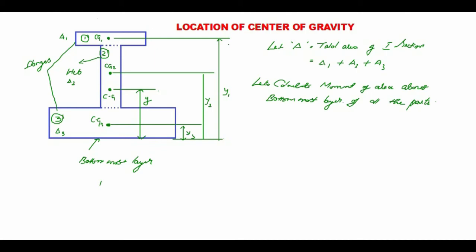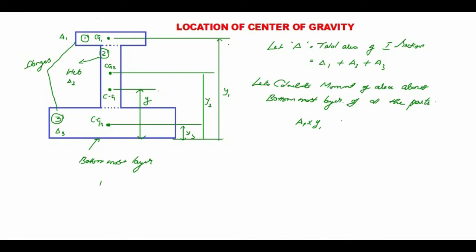If you consider the first flange, what is its area? A1, and its centroid is at a distance of y1 from the bottommost layer, the layer about which we are calculating the moment of area. So area into perpendicular distance: A1 y1.